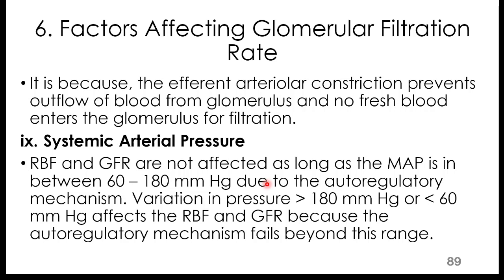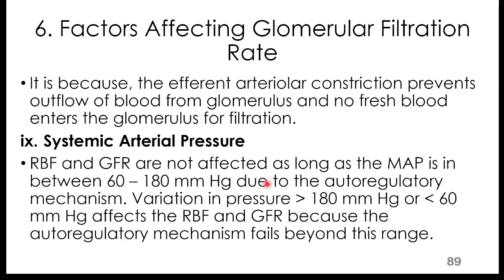So, if the mean arterial pressure of systemic circulation was to increase to 170, the autoregulatory mechanisms of renal circulation can ensure that the renal blood flow does not increase to a point where it will compromise the functions of the kidney. Remember that we said that glomerular filtration rate can be too high.